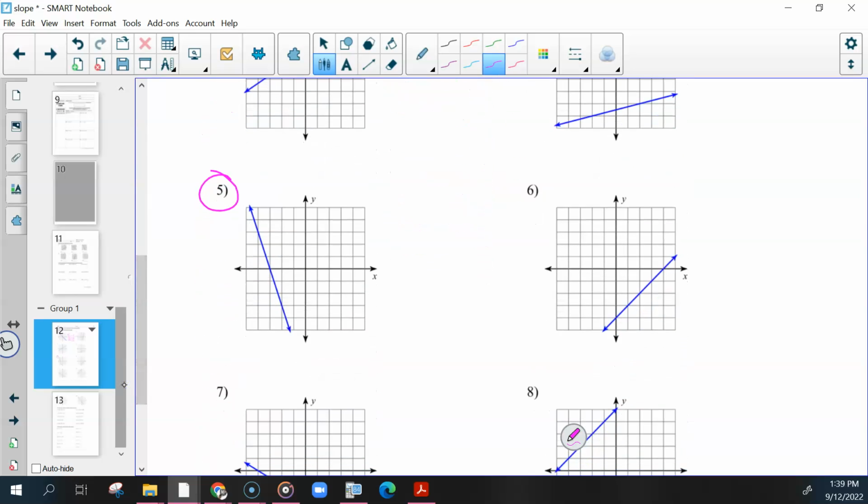Number 5. Find 2 points on this. Tell it to me as an ordered pair. Remember, an ordered pair is x, y. So find 2 points and tell me what those 2 points are that fall on the grid lines exactly. Anyone see any for 5?